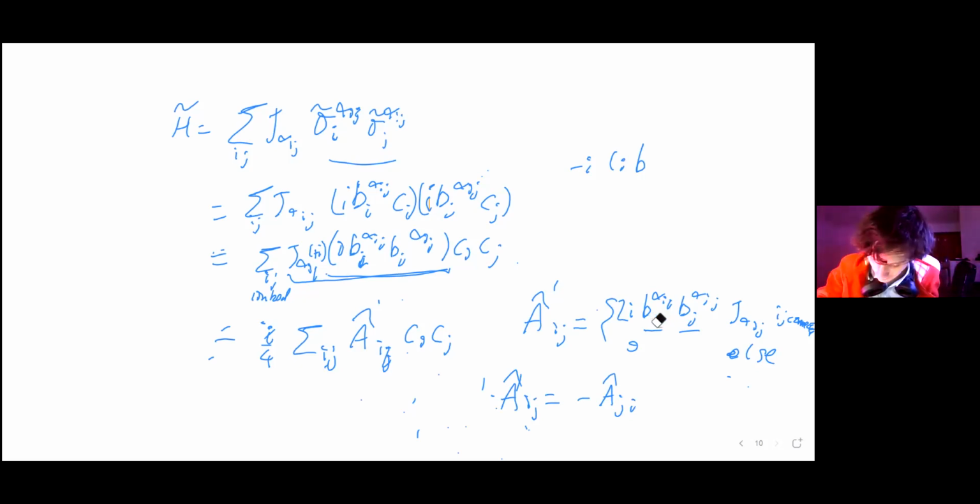But we also have a factor of i at the front. So with that definition, we have something which looks like a skew-symmetric quadratic form operating on the c_i's. All right, that's what I said I'd do, and I'm going to stop there.